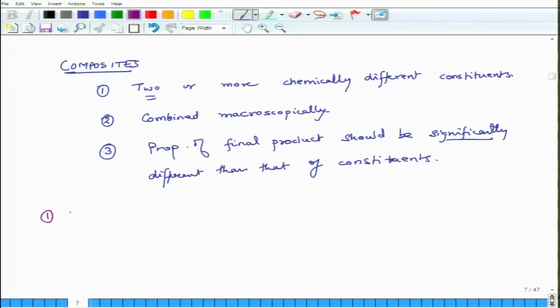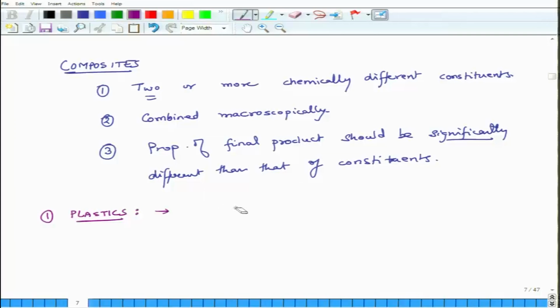Let us look at some general plastics. An example of this will be polyester. Now, polyester chemically is a single material, but if you go and buy a lot of regular plastics, what you will get is not just one single material.